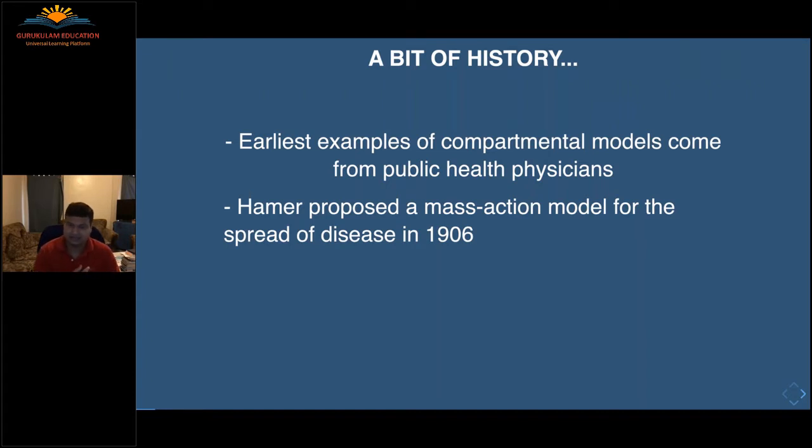So that's the idea of mass action. And in the case of infectious disease epidemiology, you say, okay, if I'm an infected individual, then I can infect anybody else in the whole population. The probability that any two individuals in the population will meet and hence propagate the disease is basically the same. So that's the mass action idea. It comes from physics. It was proposed by Hamer.